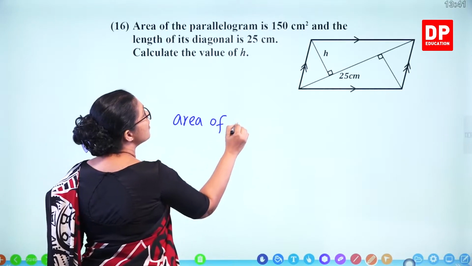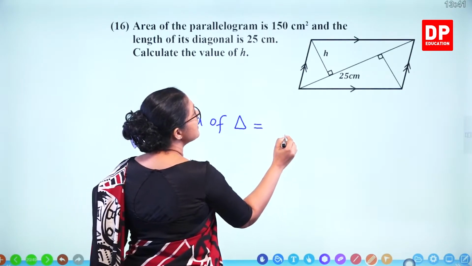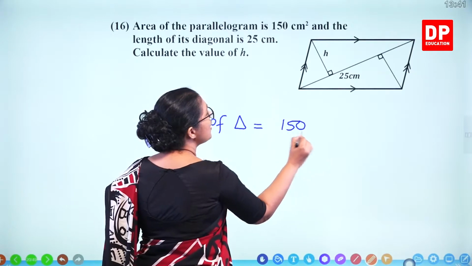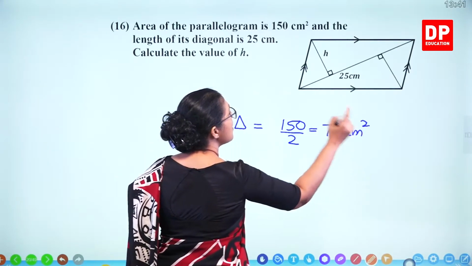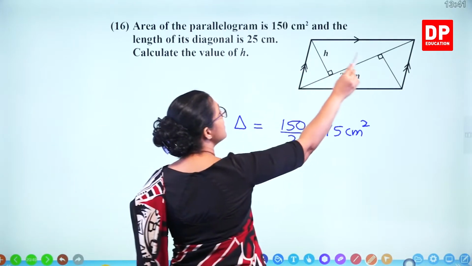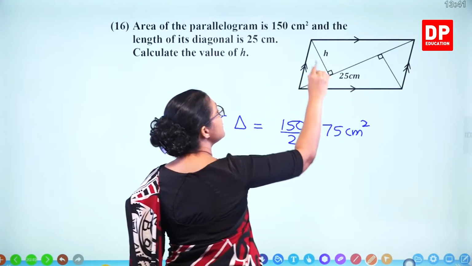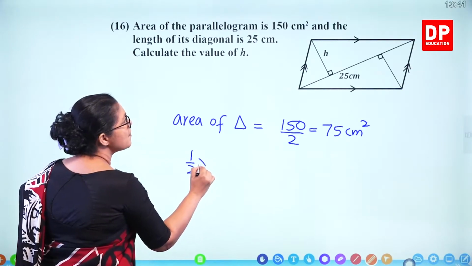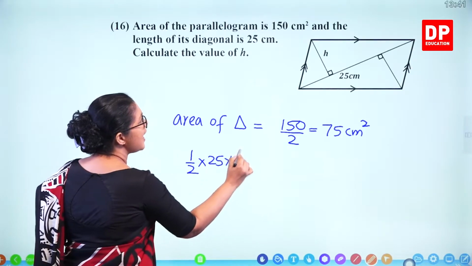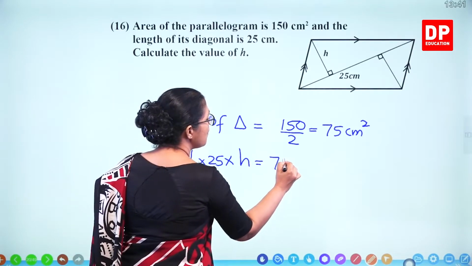Area of one triangle is 150 divided by 2, 75 square centimeters. But we know when you take the triangle, this is the base and this is the perpendicular height h. So half times 25 times h is equal to 75.